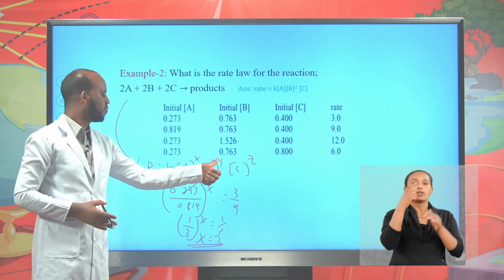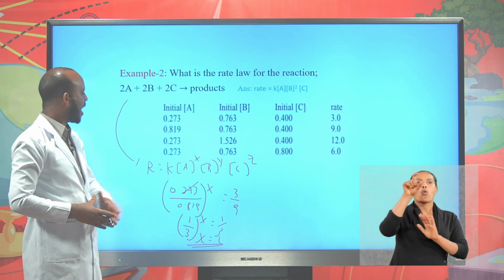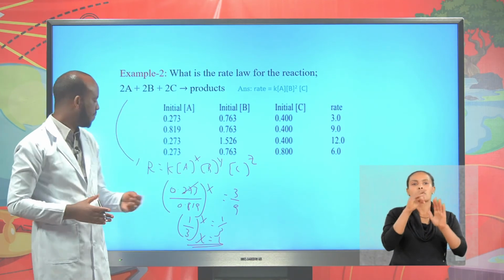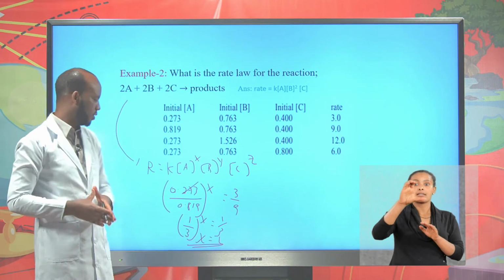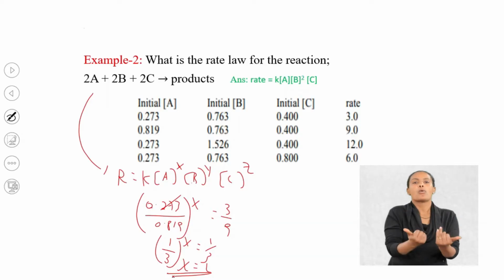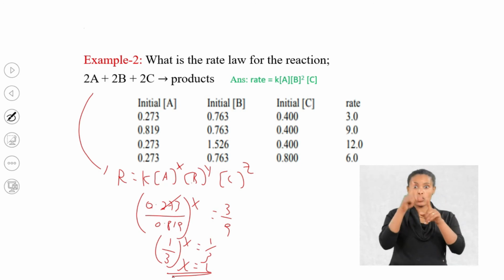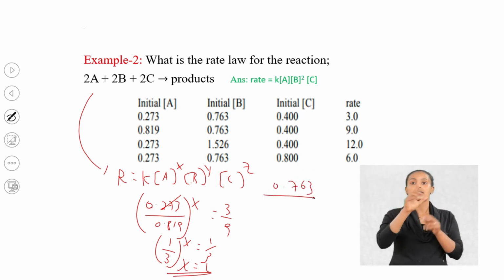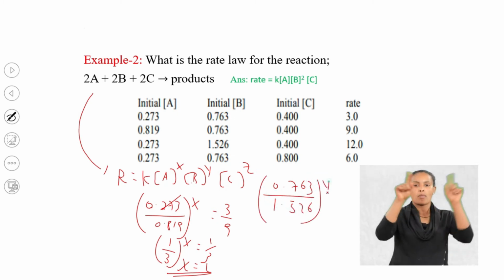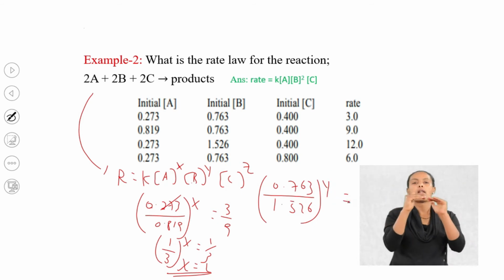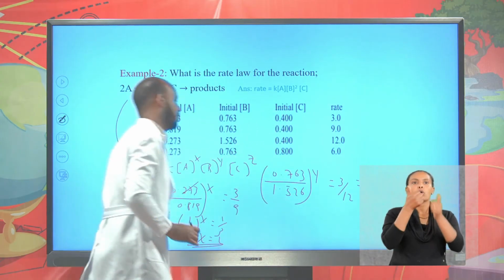To get the value of Y, vary the concentration of B while keeping the concentrations of A and C constant. Now, concentration of A is constant in experiment 1 and experiment 3, and concentration of C is constant. Therefore, 0.763 divided by 1.526 to the power Y equals R1 divided by R3, which is 3 over 12.